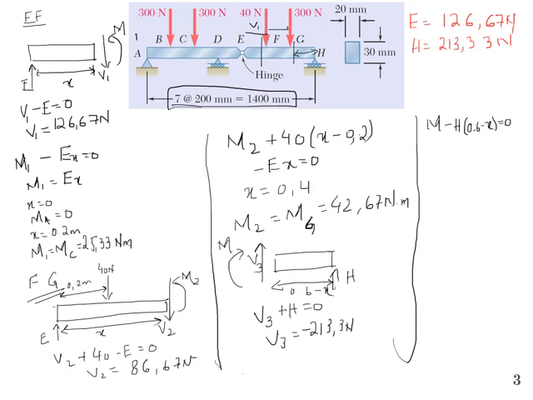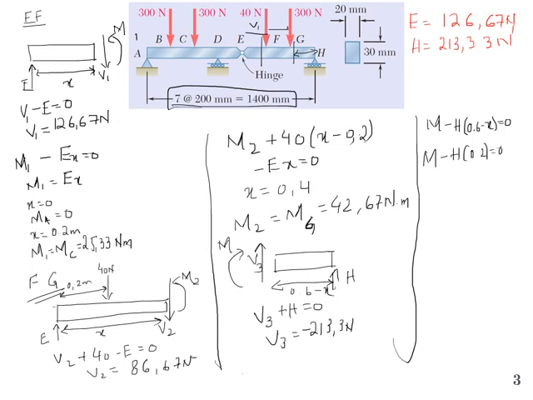Now in this case the x will be 0.4, because the location at G is at a distance of 0.4. So if we put x is equal to 0.4, that will become M minus H into 0.2 is equal to 0.